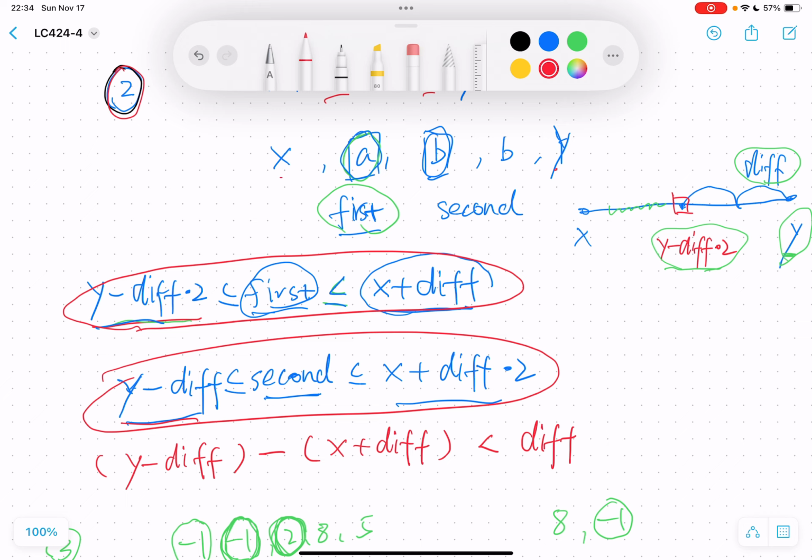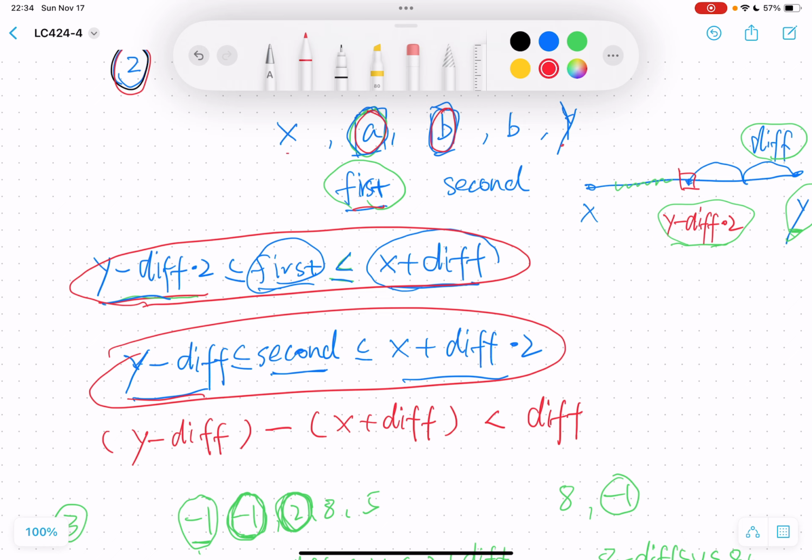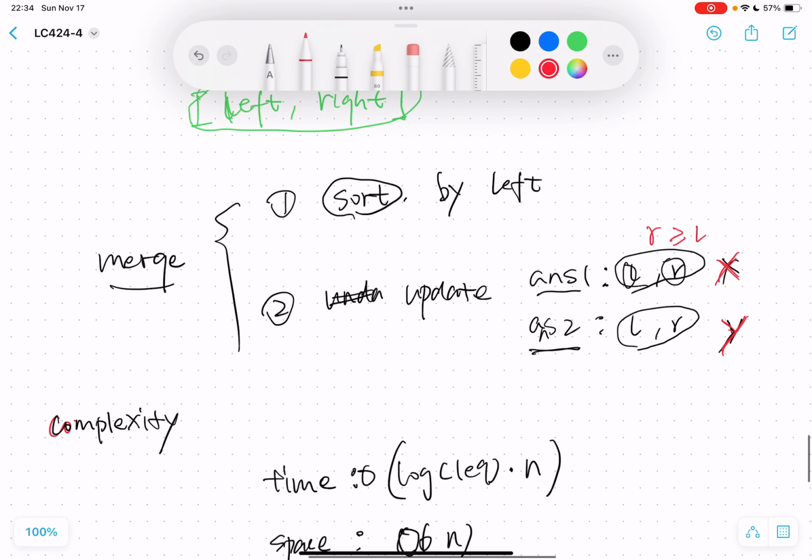But if we must insert 2 different elements between x and y, when we get answer 1 and answer 2, we must check the right end of answer 1 and the left end of answer 2. The difference between them should be less than diff. That can help us to meet the requirement.